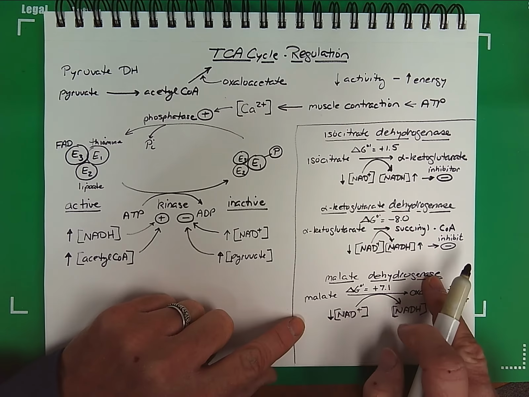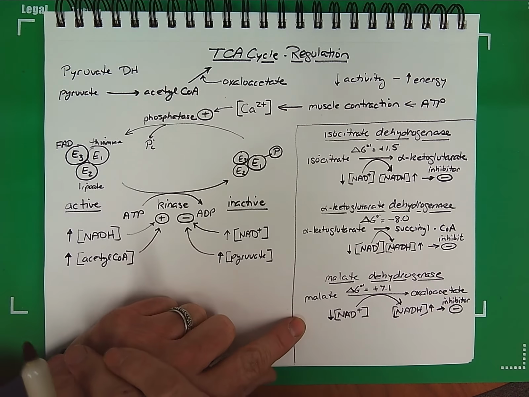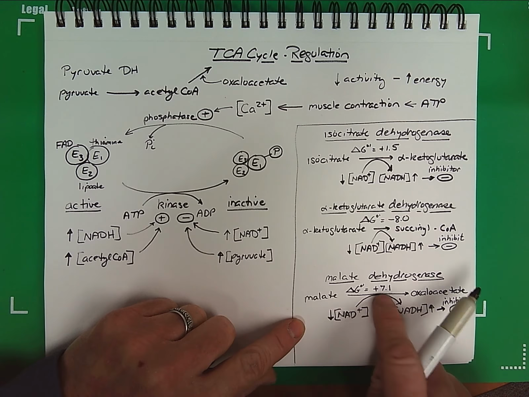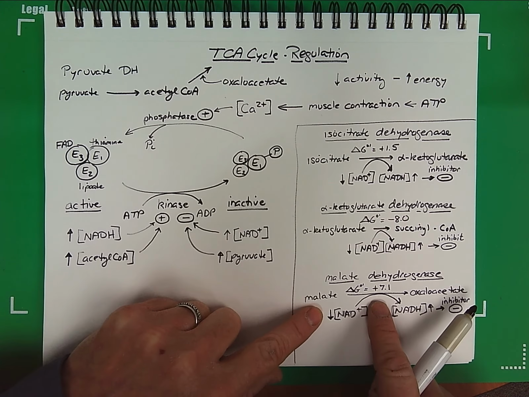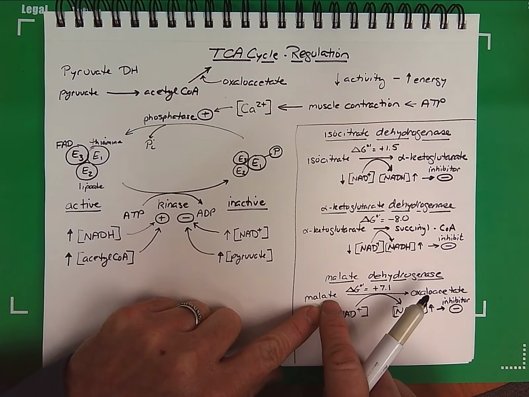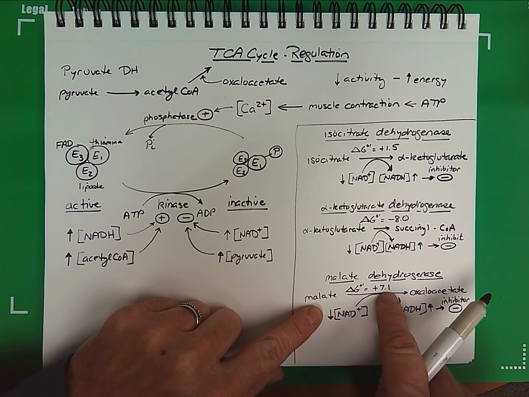What about malate dehydrogenase? The standard free energy is a positive 7.1. This is extremely large and a very difficult barrier to overcome. If you look at this reaction carefully, the reverse reaction from oxaloacetate to malate is actually very favorable because its free energy change is negative 7.1.